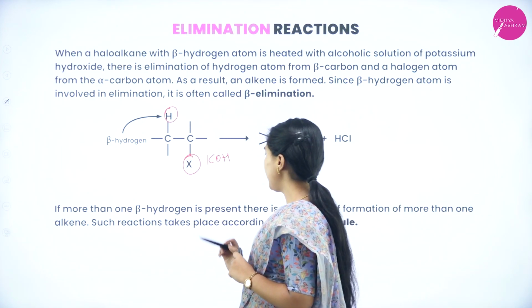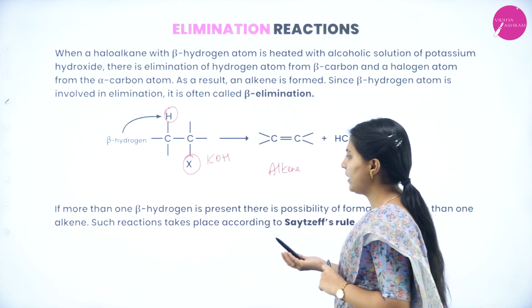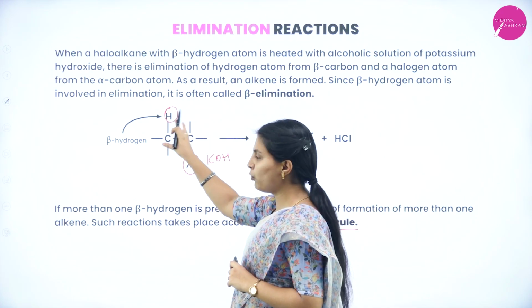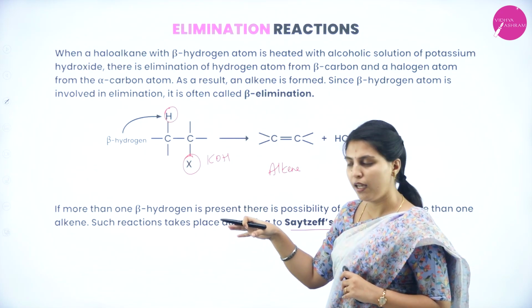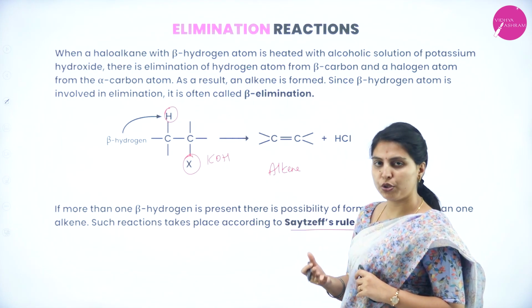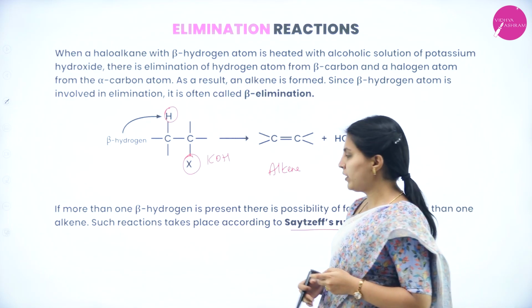If more than one beta hydrogen is present, there is a possibility of formation of more than one alkene. Such reactions take place according to Saytzeff's rule.